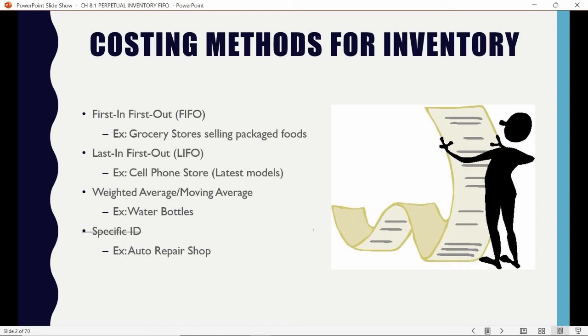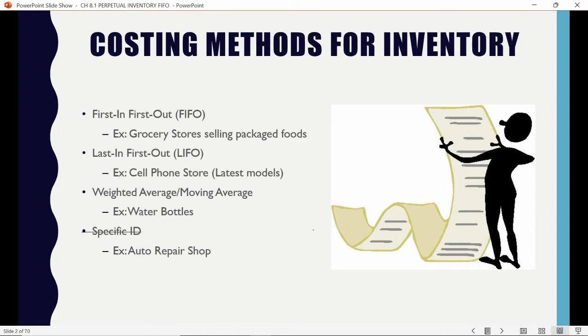Depending on what tracking method you use, whether it's periodic or perpetual, you do have the option to also utilize the same tactics of FIFO, LIFO, and moving average.